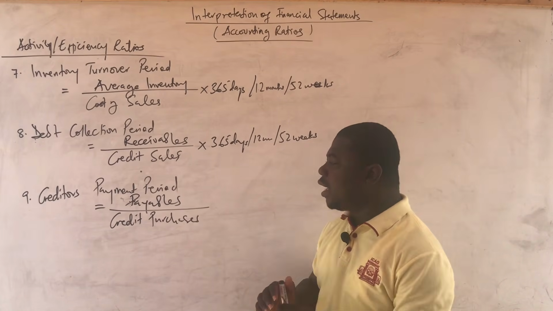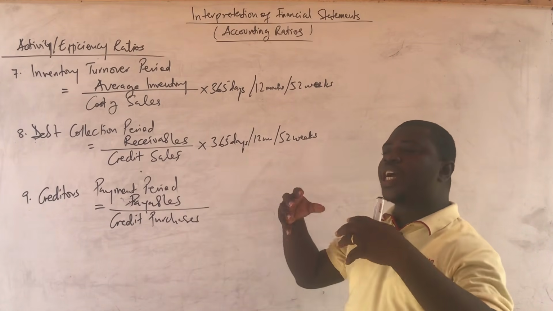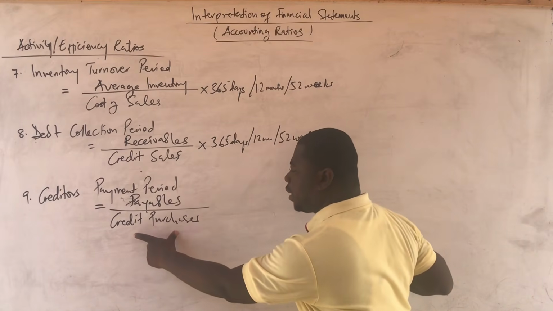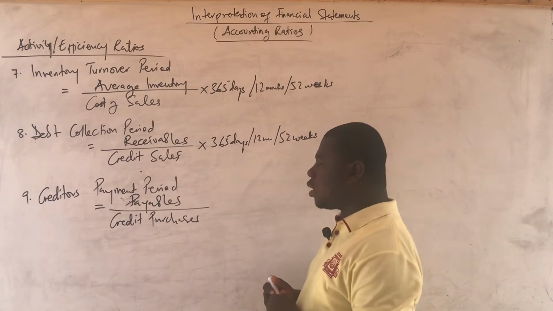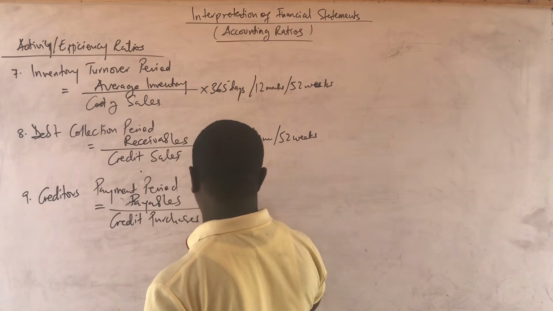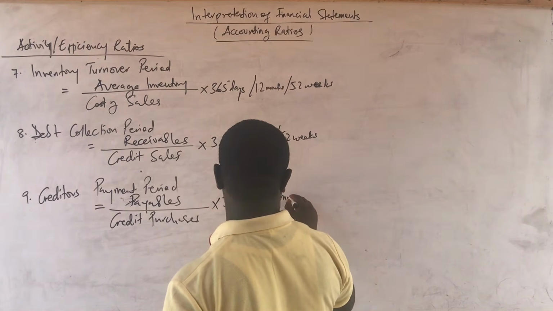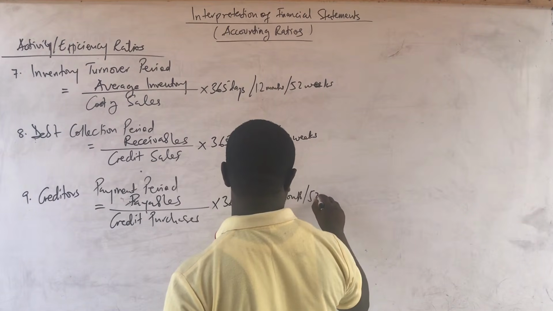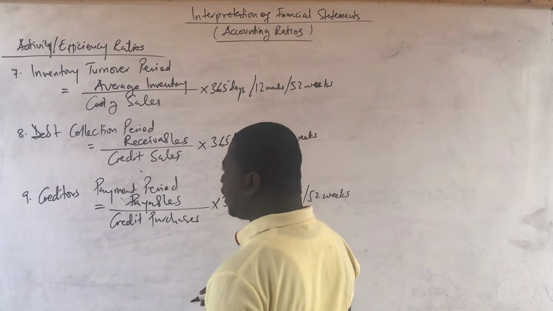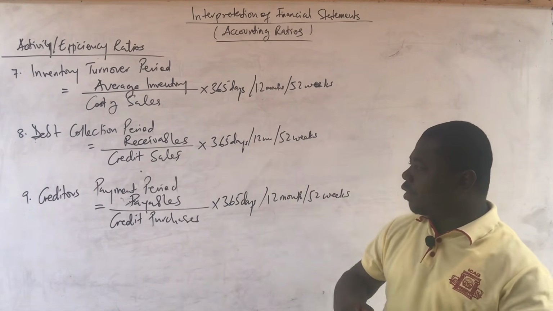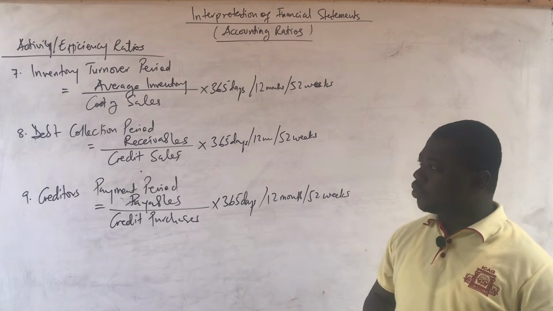Don't misunderstand me. The formula is credit purchases. But because we cannot find purchases, we bring the cost of sales itself and then we multiply by 365 days or 12 months or 52 weeks because we are working in a year. So that is how to get the creditors payment period as well.